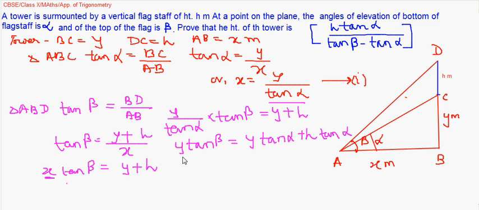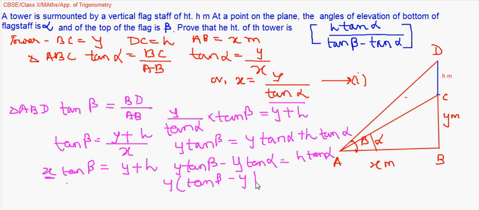It's y tan beta, and I carry that y tan alpha to the left, equals h tan alpha. If I take y common, I'll be left with y (tan beta minus tan alpha) equals h tan alpha.